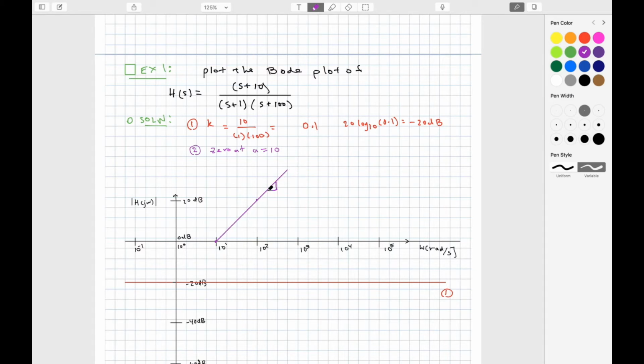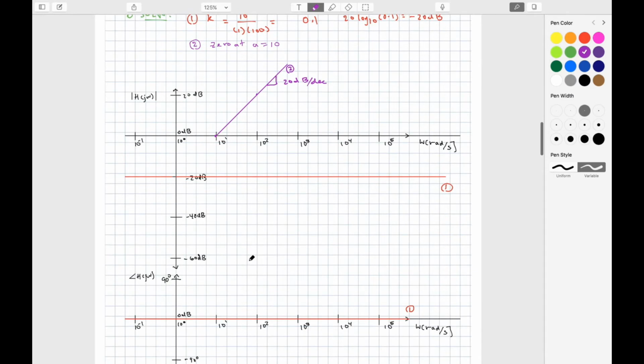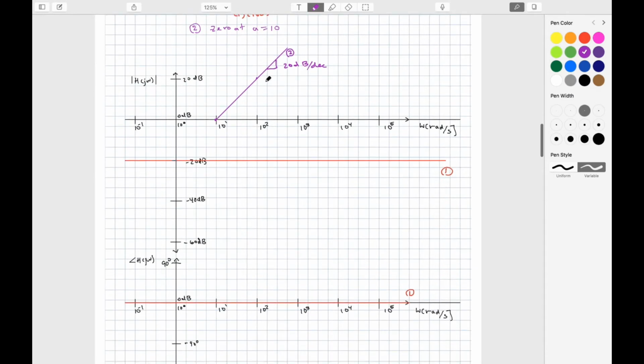And this could continue up, and then I'll just say this is a slope of 20 dB per decade. And this contribution comes from the 0 at 10, so this is going to be number 2. In the phase plot, the contribution of this is that it is going to increase by 90 degrees, and that will start 1 decade before, which is 10 to the 0, and end 1 decade after, which is 10 to the 2, and it's going to change by 90 degrees.